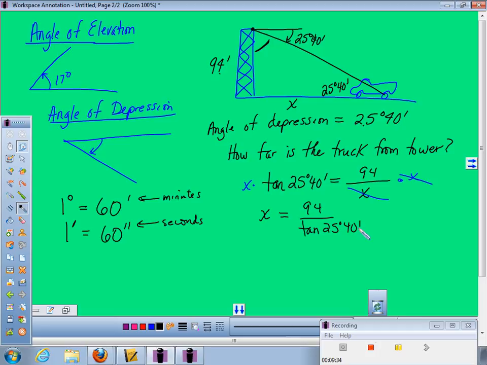Then, this is the weird part. Right next to the letter G, there's a key with an arrow on it. Hit that key. You have a degree symbol and a minute symbol in there.